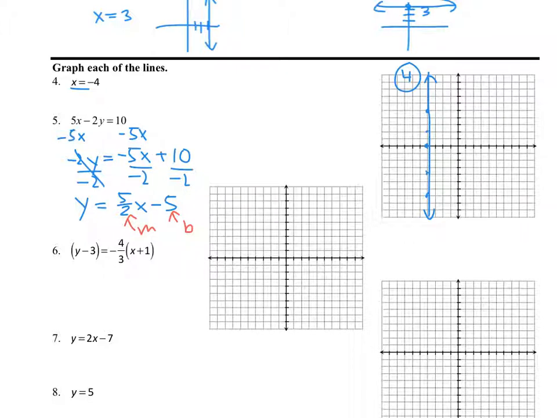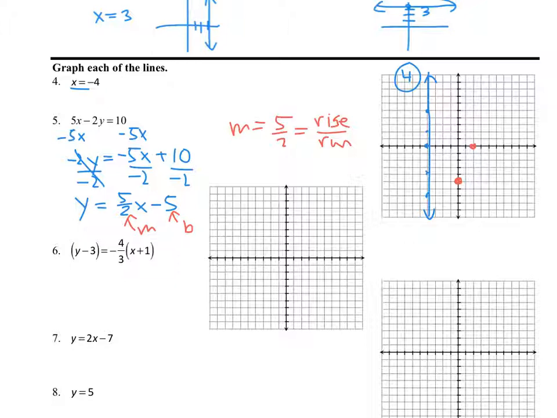So I go on the y-axis and I find -5, and that's going to be my y-intercept. Now my slope of 5 over 2, that's my rise over run. So if I start at that point on the y-axis, and I rise 5 and run 2, and both are positive, so I'm going to go up 5 and to the right 2, then I get some more points on the line.